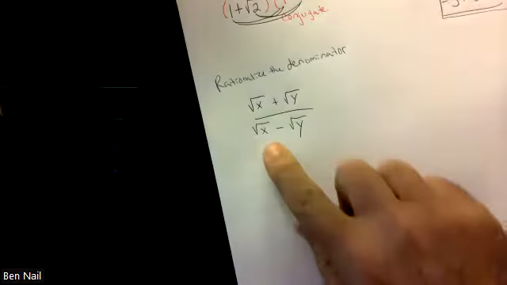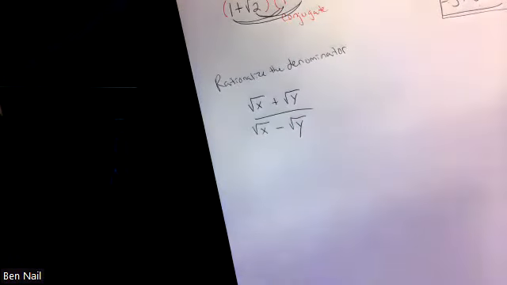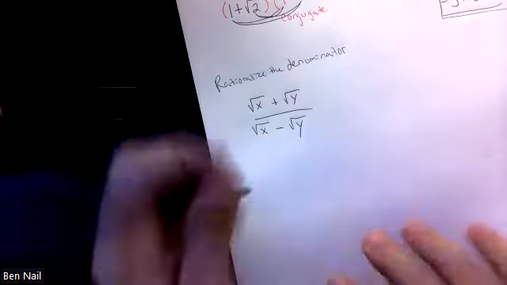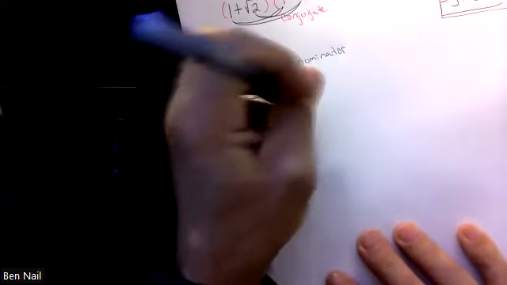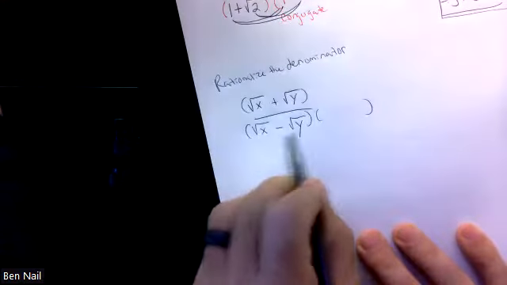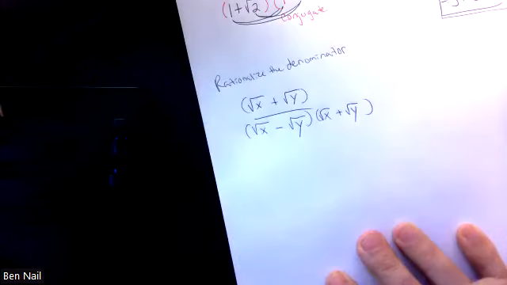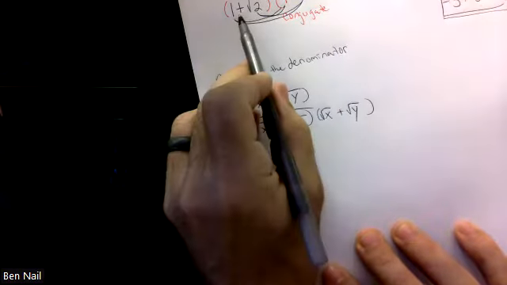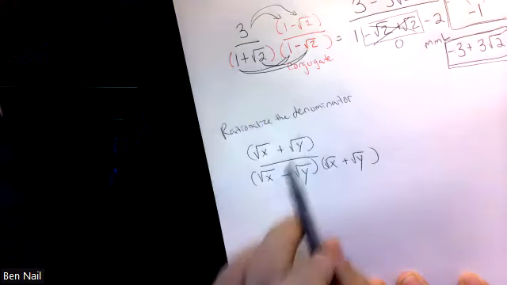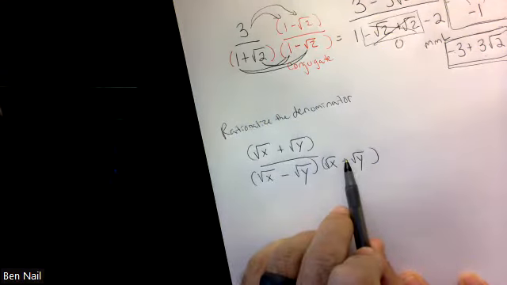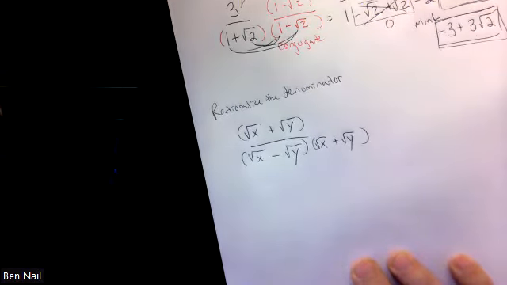Okay, again, they're wanting to get rid of the radicals on the bottom. Again, when you have a plus and a minus, what you've got to multiply by is the exact same thing, just with a different symbol. Instead of plus here, we did minus. Instead of minus here, we're going to do the plus.